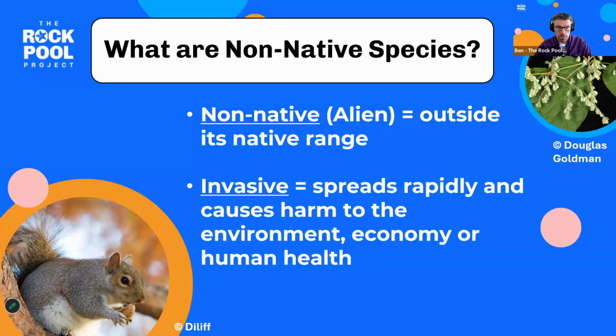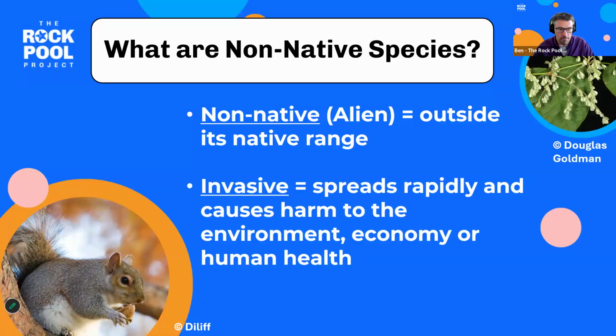An invasive species is a species that is non-native, but it also has spread rapidly and causes active harm to the environment, the economy, or indeed to human health. There are a lot of examples around the world of invasive species, and many people are very familiar with them. Here in the UK, we've got a picture of the grey squirrel down there.